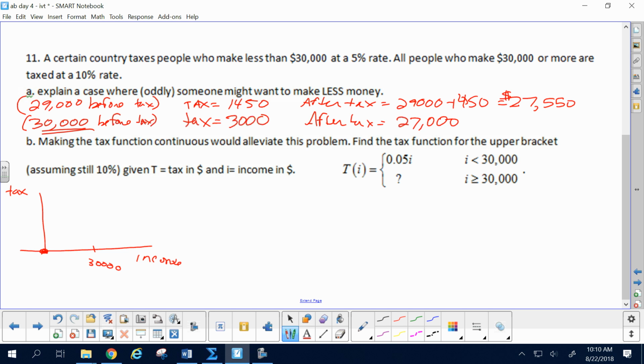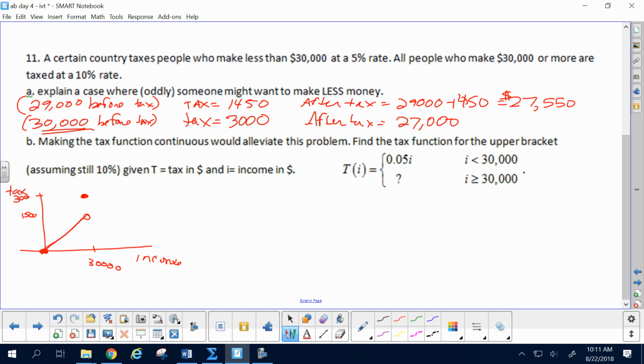Up to the person that makes $29,999, that person's tax approaches 5% of 30,000, which is $1,500, but not inclusive. But the minute you make 30,000, your tax immediately goes up to 10%, and that, as a number, is what? 3,000. Okay, and then your tax goes up from there.